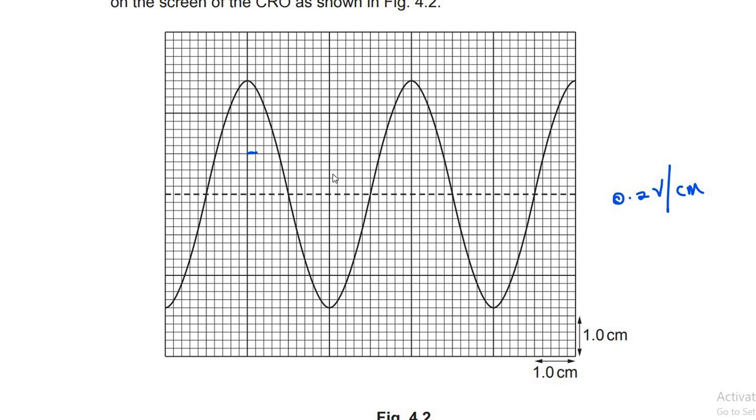So here will be 1.4. Let's do it down also. This is 1 centimeter, 1, 2, this will be 1.4. So the graph will start from the axis like this.